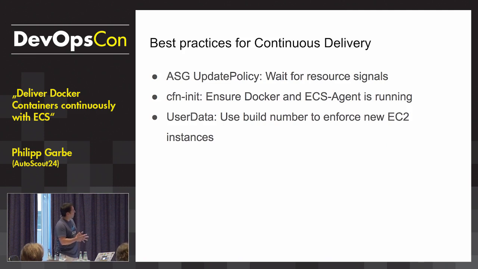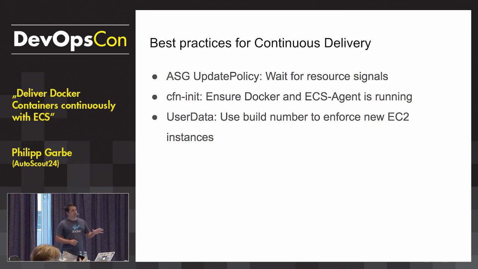Yeah, I think some best practices if you run such a setup: please provide an update policy in your autoscaling group. Often you don't see that in the templates, but it's quite important that it waits for the resource signals. Normally the autoscaling group works quite well with the load balancer setup. If you run your application on an EC2 machine and it gets registered on the load balancer, everything is fine, because the autoscaling group waits until the load balancer says, okay, this machine is running, and then it continues.